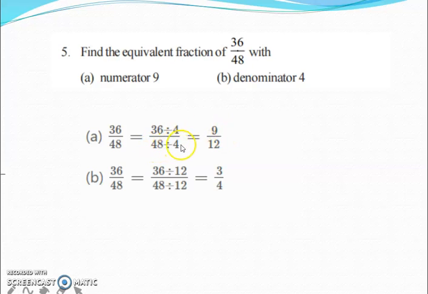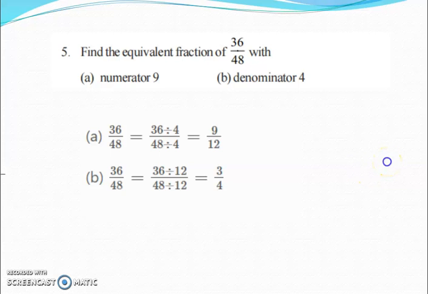Same like 48 divided by 4, 12 is the answer. Okay, next, 36 upon 48, we need denominator 4. Denominator 4 means 48 divided by 12 we are getting 4. Same like 36 divided by 12, 3 is the answer.